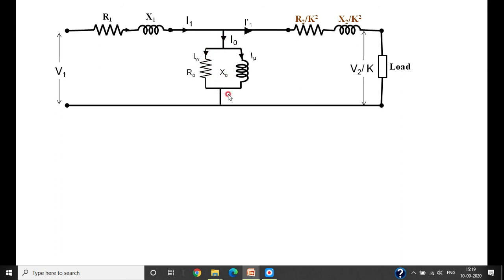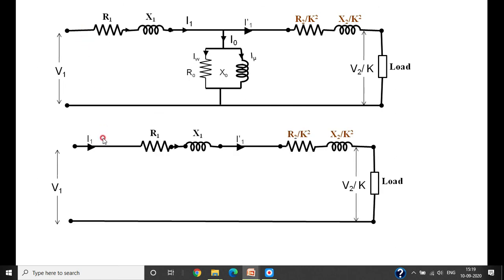Therefore, this whole parallel circuit is shifted to this particular point and they are simplifying. What they are exactly doing is connecting this R0 X0 at the beginning, and now it is R1 X1 here and R2 by K square, X2 by K square. Now the current here is I1 dash.